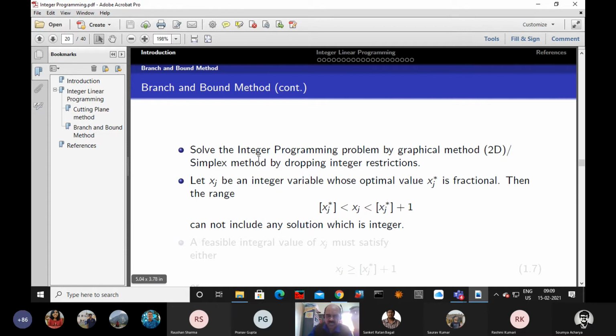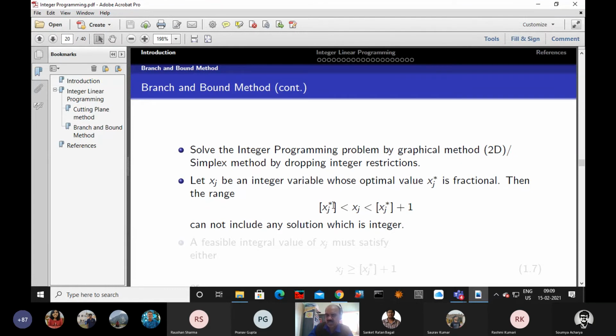Now we will consider it in this manner. For some variable xj*, the star stands for the fractional value you have obtained. We write xj less than or equal to the integral part of xj* plus 1, and xj greater than or equal to the integral part of xj*.